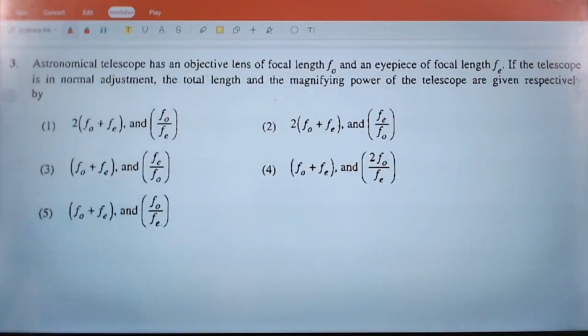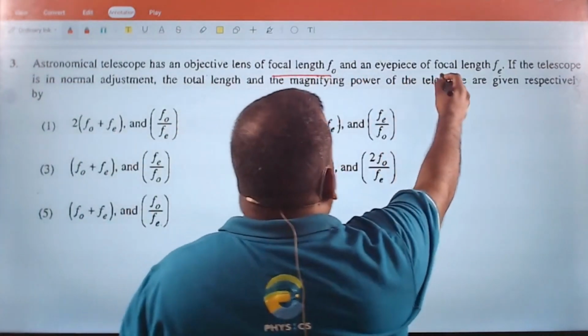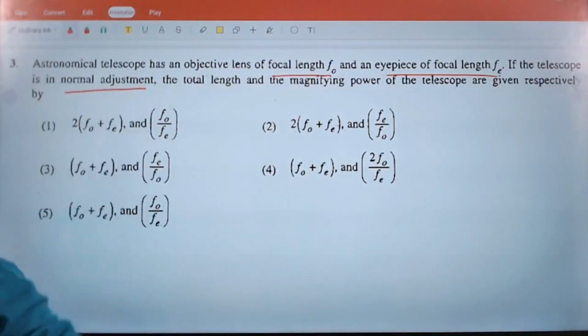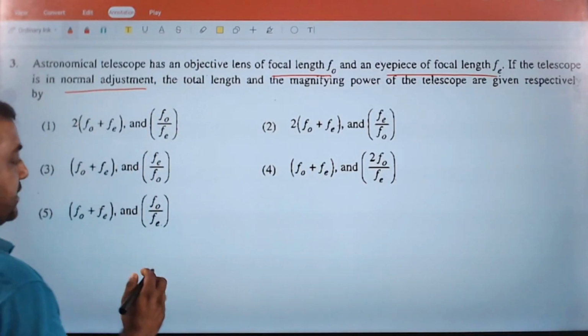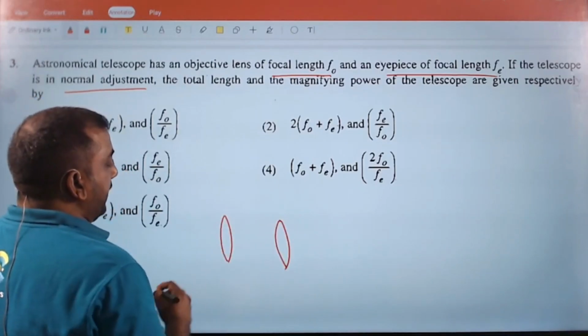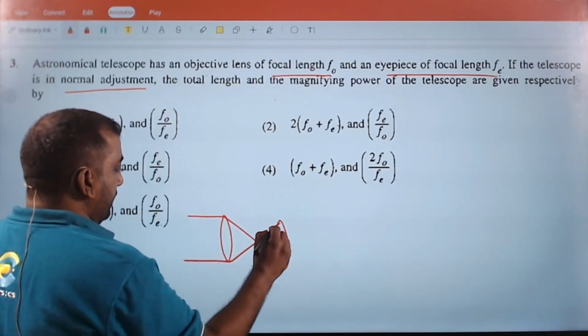An astronomical telescope has an objective of focal length f0 and an eyepiece of focal length fe. The telescope is in normal adjustment. Total length and magnifying power of the telescope? Normal adjustment means, as all of you know, the object is at infinity and the final image will also be at infinity.